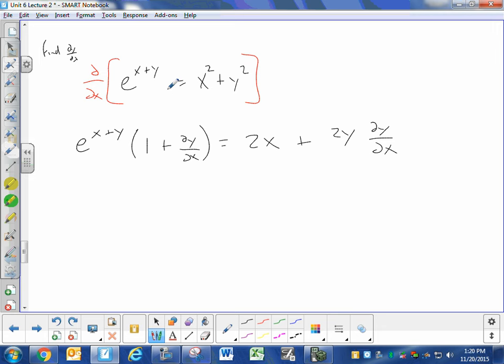Right. The derivative of y with respect to x is dy/dx. Now to solve for dy/dx, in this situation, I can't divide by the e to the x plus y, because then it would trap this dy/dx. Instead, I'm going to have to distribute this e to the x plus y.